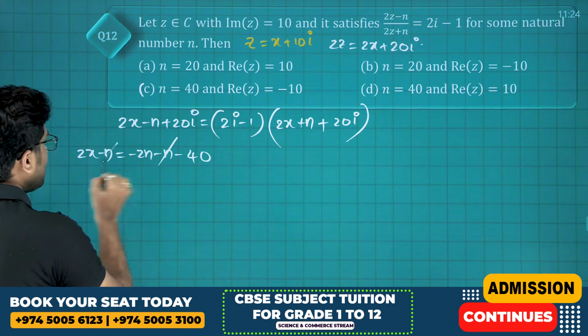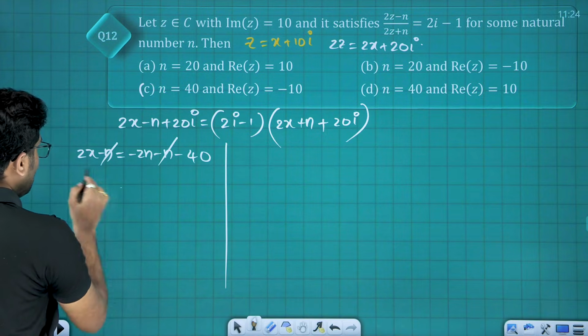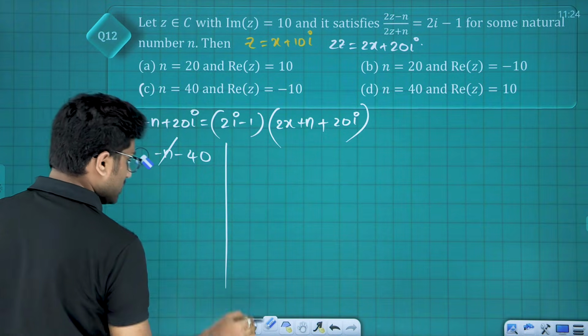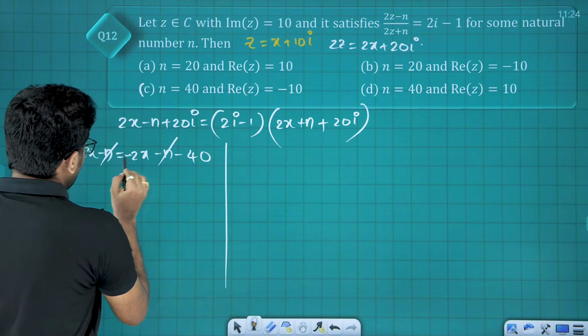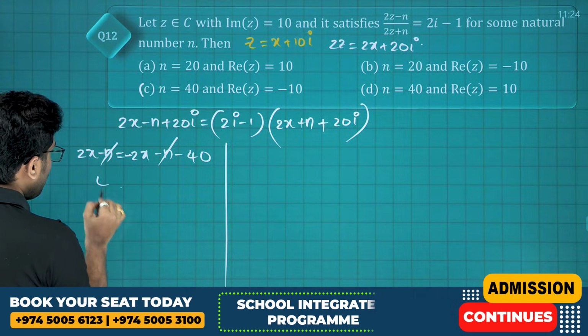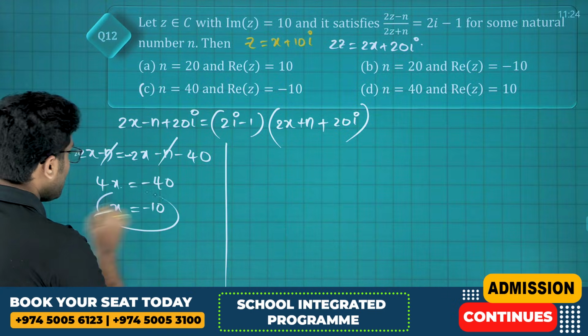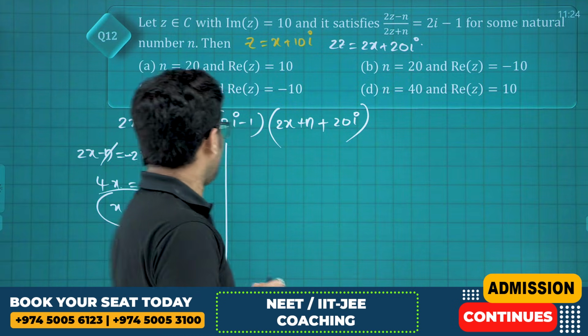So clearly minus n gets cancelled, this is 2x, 2x plus 2x is 4x equals minus 40, x equals minus 10. So we have got x equals minus 10 now.